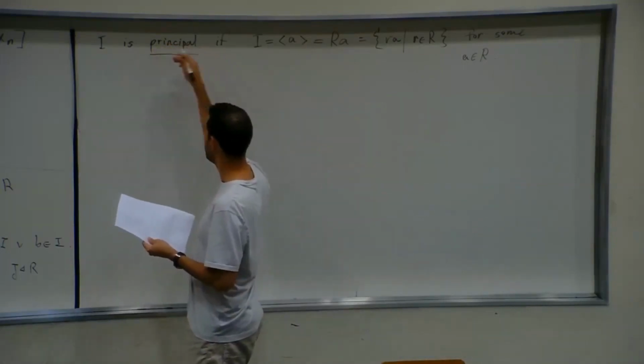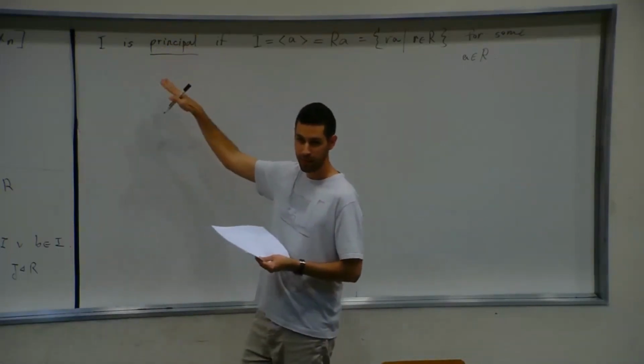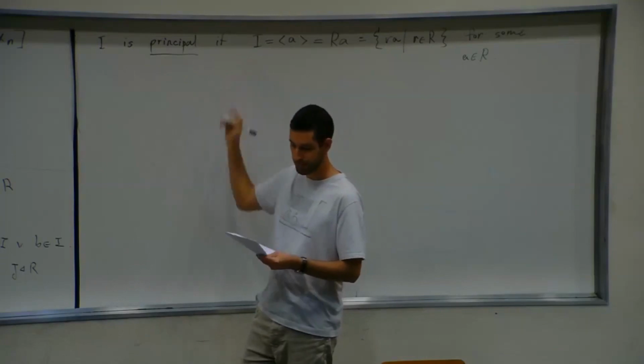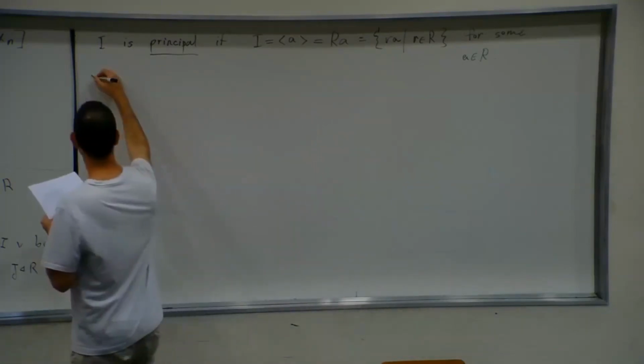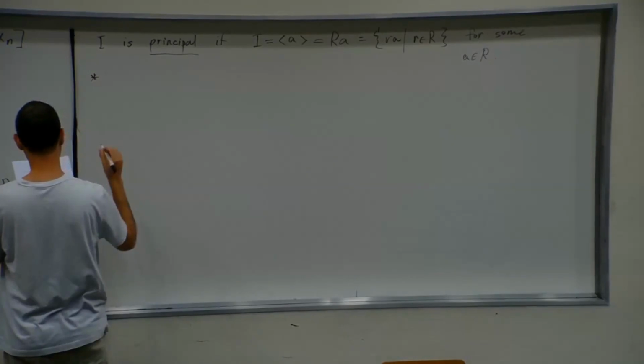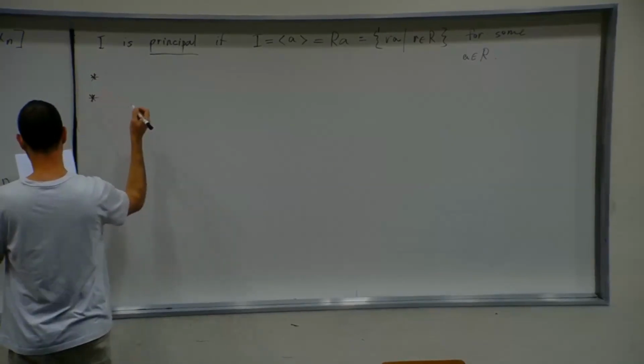And a ring is a PID, principal ideal domain, if every ideal is of this form, can be generated by a single element. Okay? Two things that we need to know.